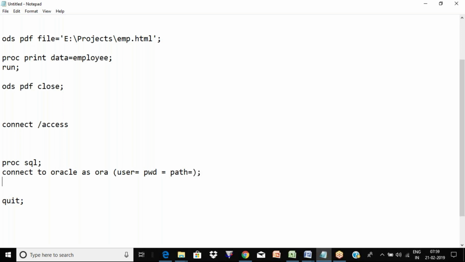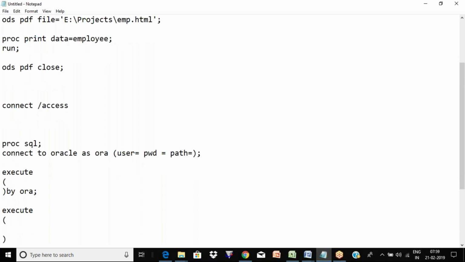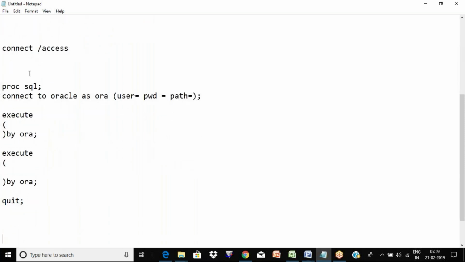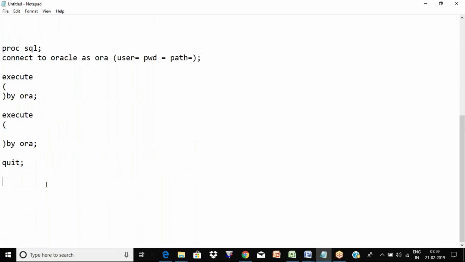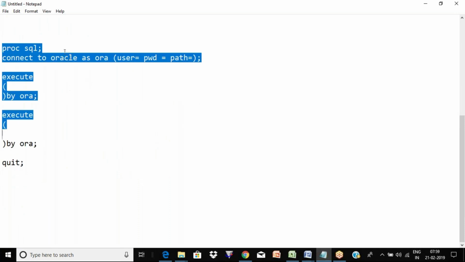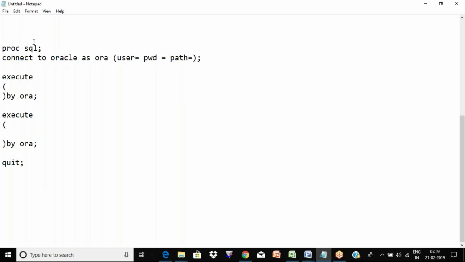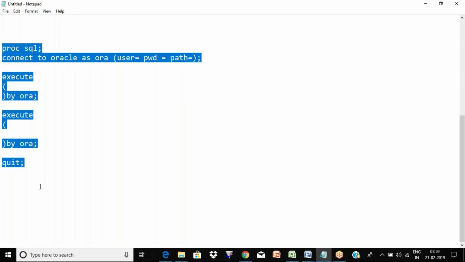Once you do this, you write commands to pull the data from that database. So this is the way, if you have any database, whether it is SQL or Access or anything, using proc SQL you can connect to it and pull the data.